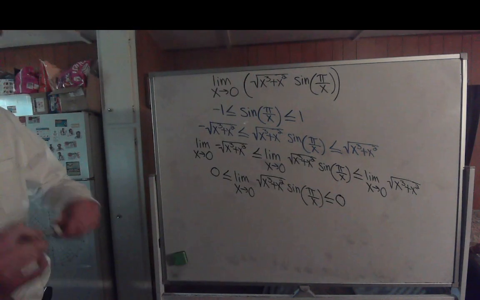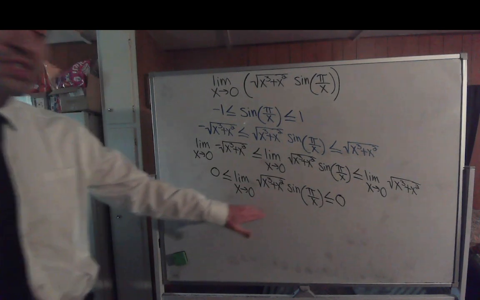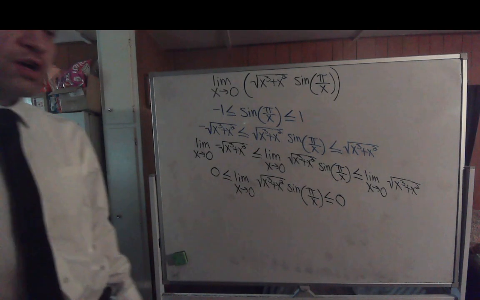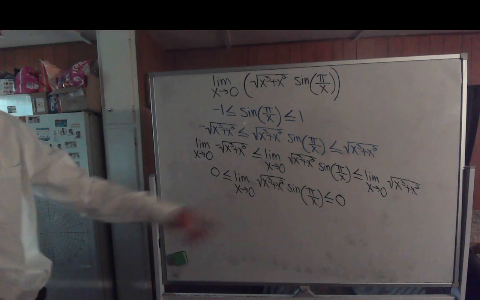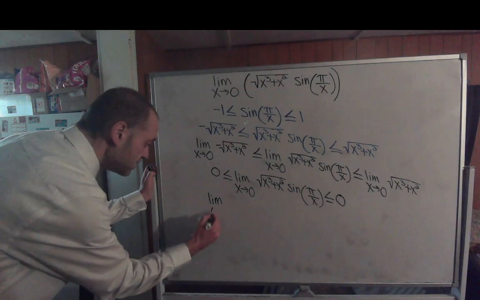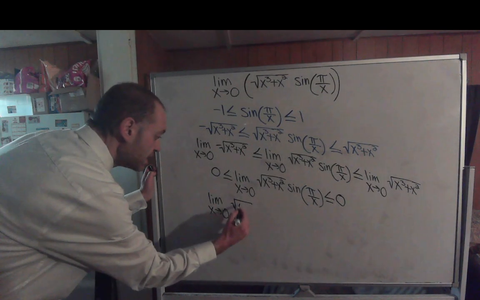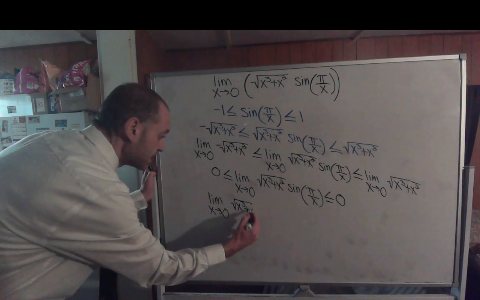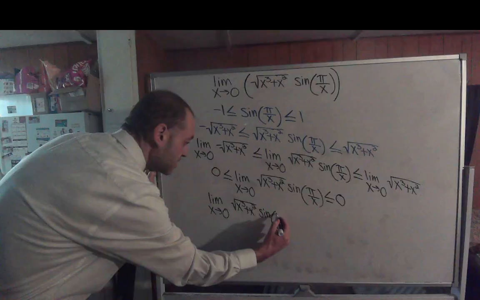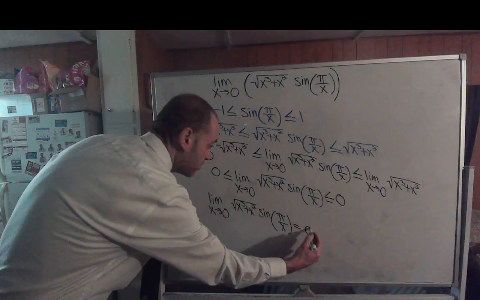Well, if 0 is less than or equal to the limit of this function as x approaches 0, and that's also less than or equal to 0, the only thing left to say then is the limit of this middle function as x approaches 0, the limit as x approaches 0 of the square root of x cubed plus x squared times the sine of pi over x, has to equal 0.